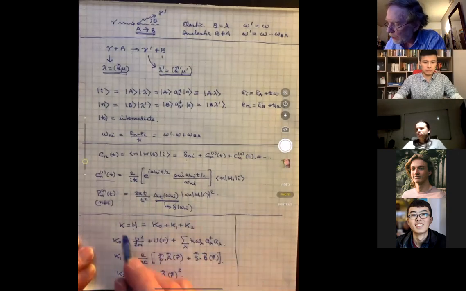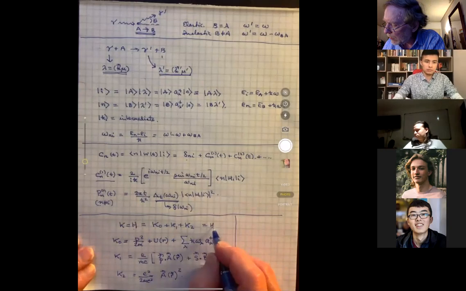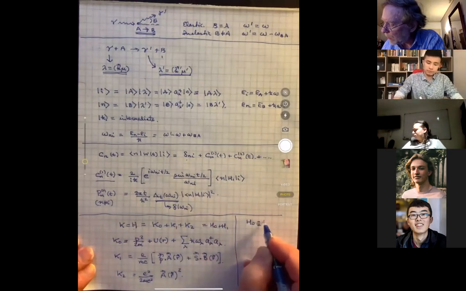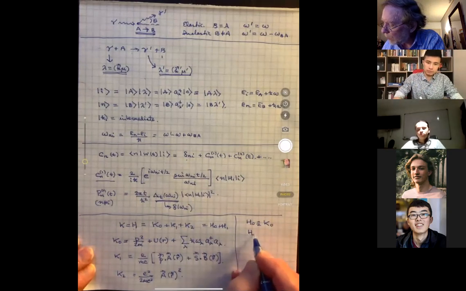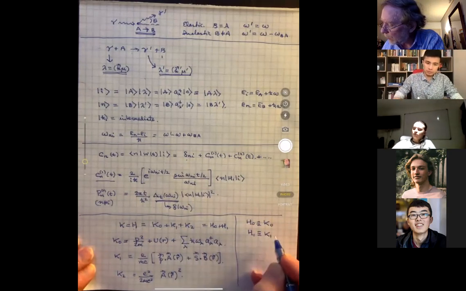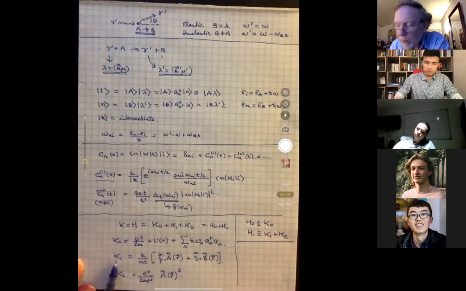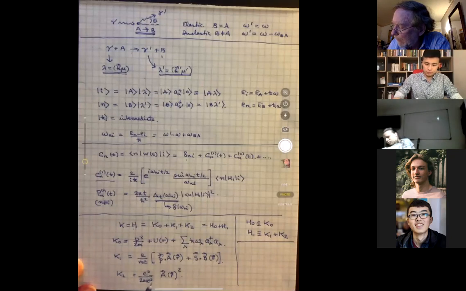Now, as far as this H notation is concerned, I'm going to write this as H0 plus H1. And H0 will be defined to be the same thing as K0. And H1 will be defined to be the same thing as K1 plus K2. I want to write it this way because this K2 is actually of higher order than K1 in the small parameter here, which is basically the vector potential or the magnetic field.